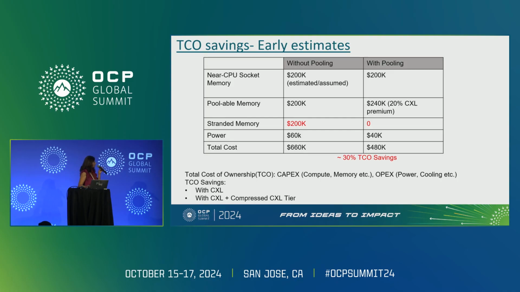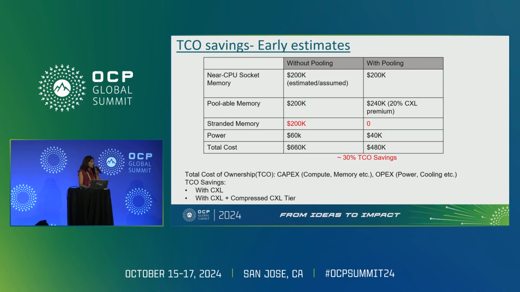Here are some back-of-the-envelope calculations in two scenarios, without pooling and with pooling. With near CPU socket memory, we assume 200K for the total memory cost in both cases. You have the poolable memory again at the same amount, 200K, but with the 20% CXL premium, let's say it's now 240K with pooling.